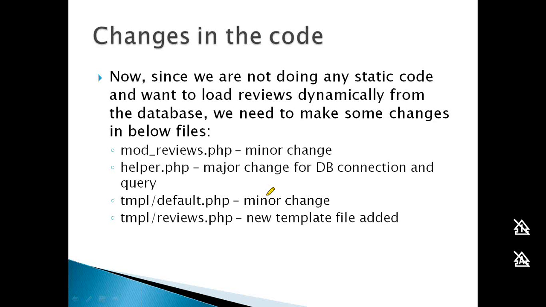Here we have changes in 4 different locations. We don't need to touch the XML file because there are no major changes required. There are some minor changes in the mod_reviews.php, and some major change in the helper.php, because earlier we were simply returning a static value saying I'm a happy user, but this time we'll be connecting with the database and we'll run a query, and records will be shown.